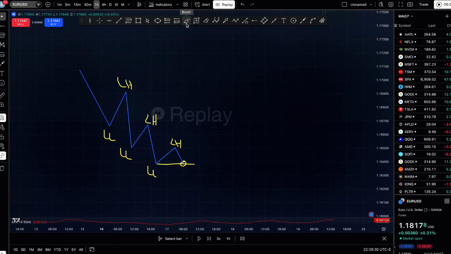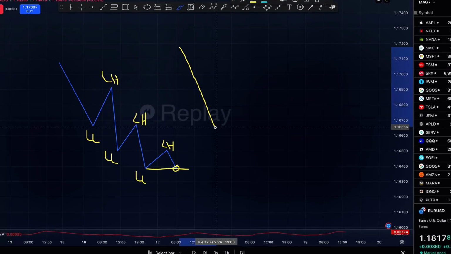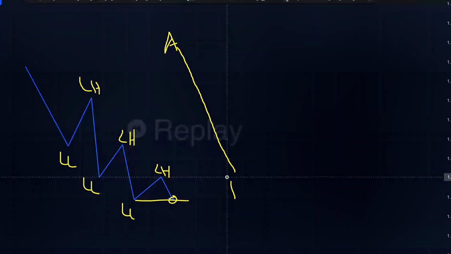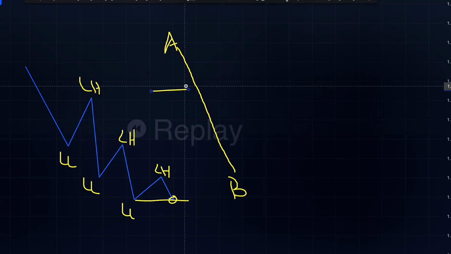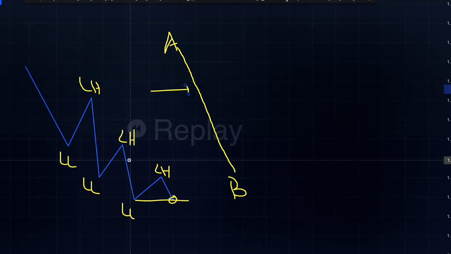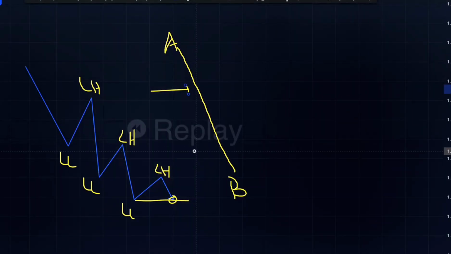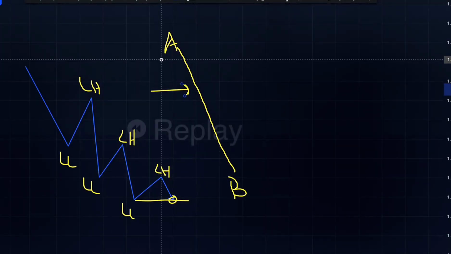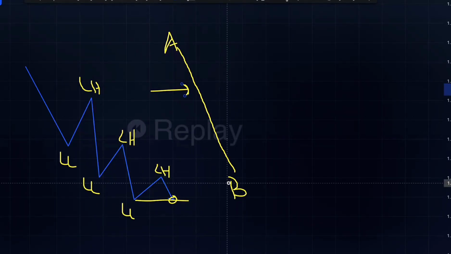Let me give you another example. Let's say that we have a movement like this from point A to point B. And this activity is made by a financial institution, a bank, a hedge fund, a billionaire who pours a lot of money to move this.